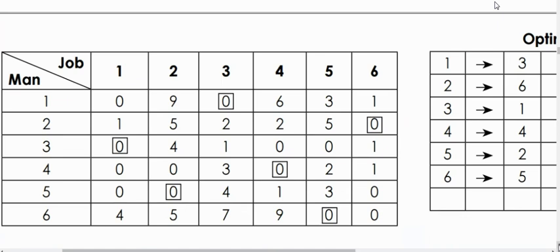So what was the step 2? Again I have to find my row minimum and column minimum. So guys, in the table you are seeing right now, what they have done is they have done the row minimum and column minimum together. That is why you are seeing this.